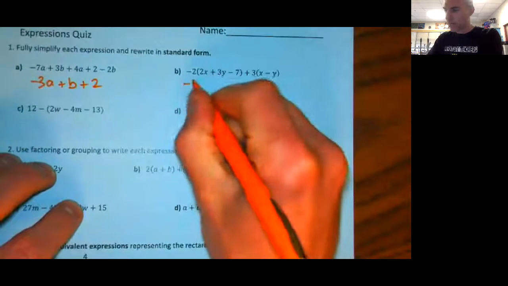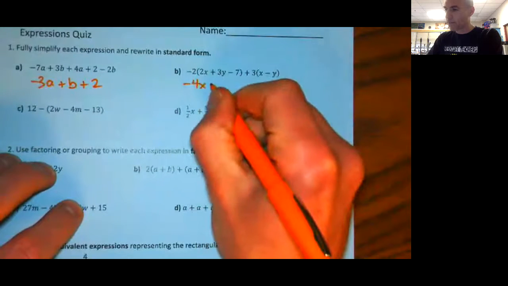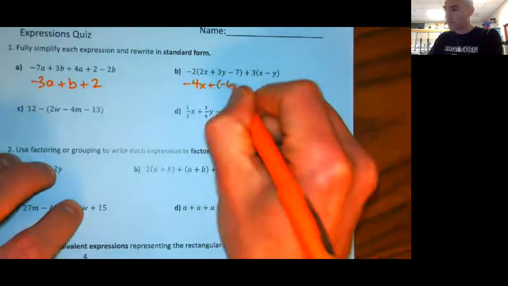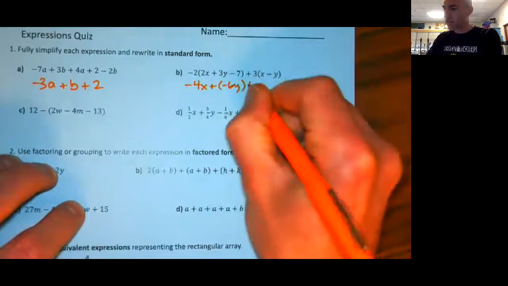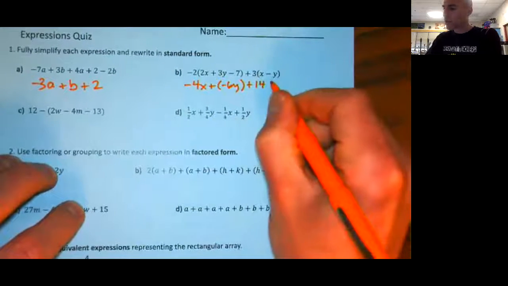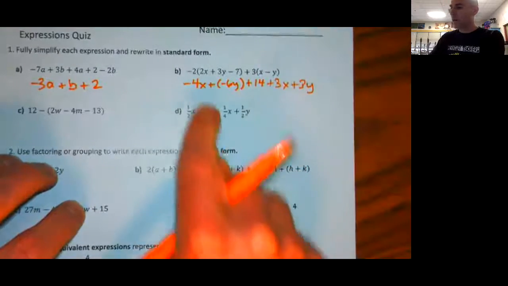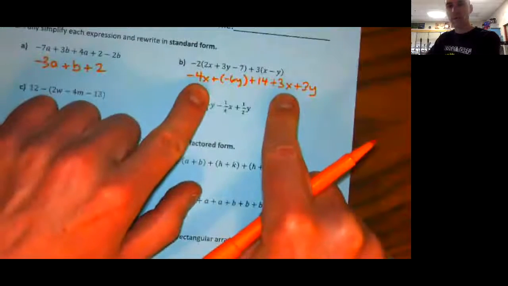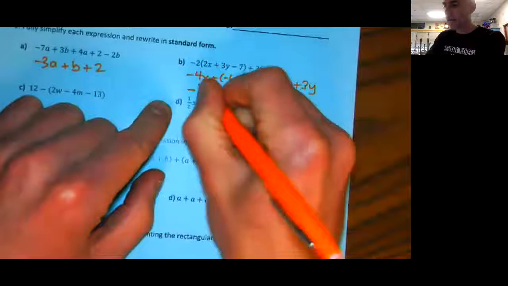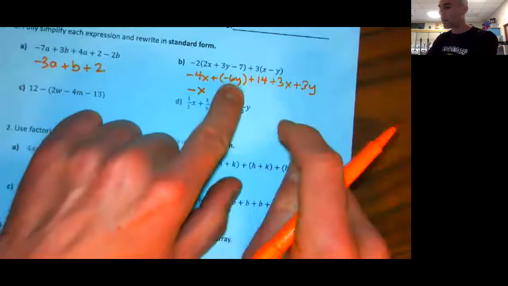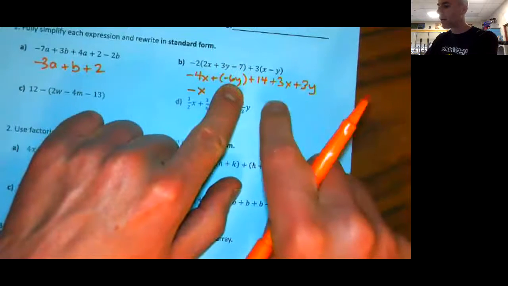So we get negative 4x plus negative 6y plus positive 14 plus 3x plus 3y. Now I can combine the x's. Negative 4 and positive 3 gets me negative 1x.